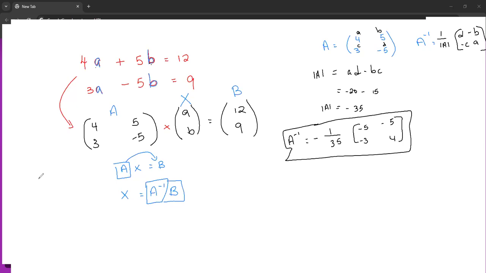But they asked us to multiply A inverse by B. Now, what I like to do is anytime I have a fraction in front of here, I prefer to work the matrix times the B, and then I'll multiply by the fraction.